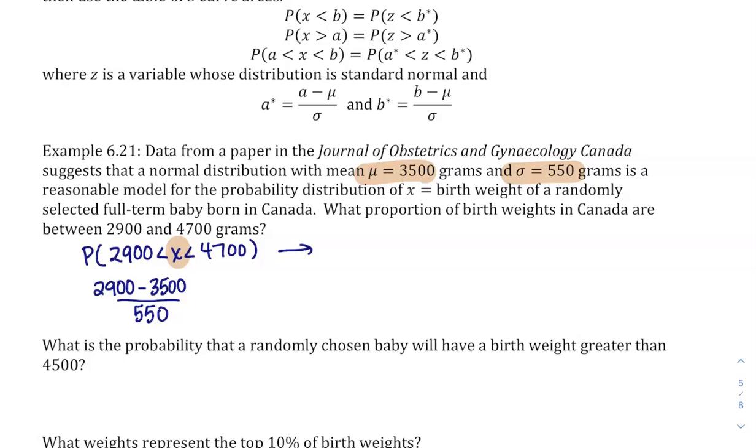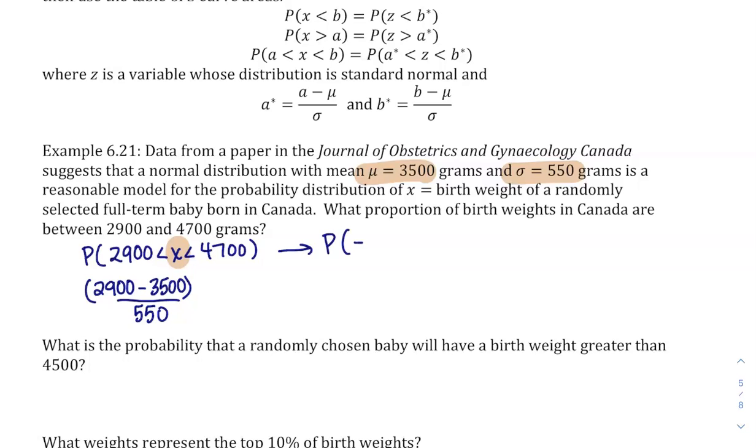It's very important that you subtract first. So 2,900 minus 3,500, and then hit enter, and then divide by 550. If you don't, you will get the wrong answer. The calculator needs to group the numerator values together and the denominator by itself. So make sure you either use parentheses around that numerator or you do it in 2 steps.